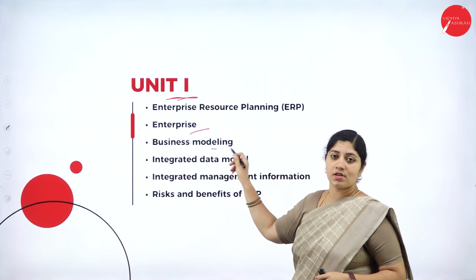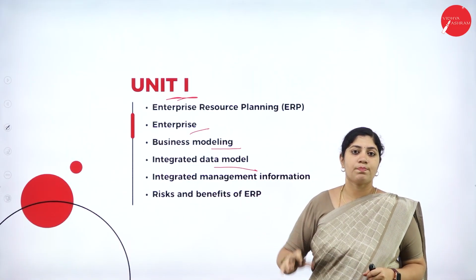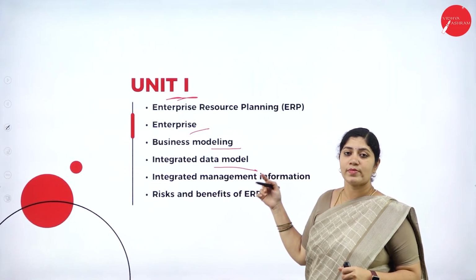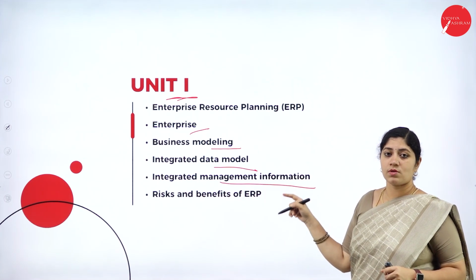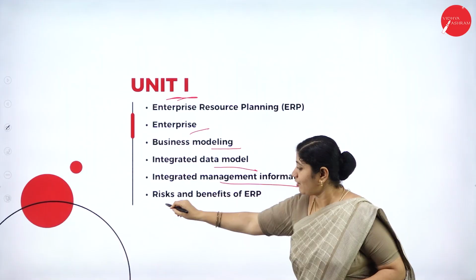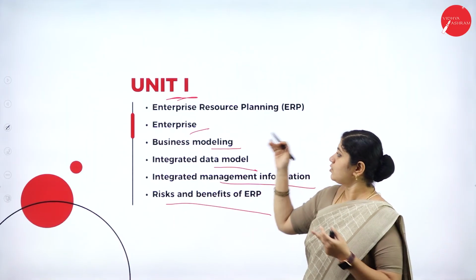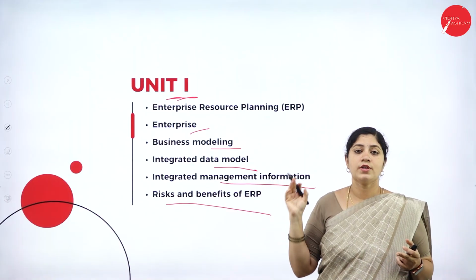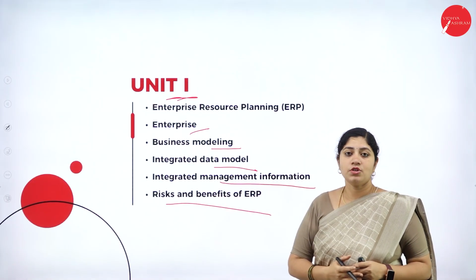Then we learn business modeling. Then finally, how to integrate various departments into a simple data model. Integrated management information will also be learned under this. Finally, we will be learning the risks and benefits of ERP. So this gives you a complete overview of ERP. All right, so this is all about unit 1.